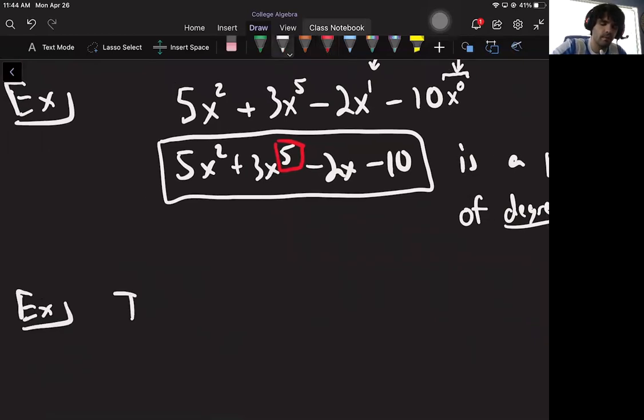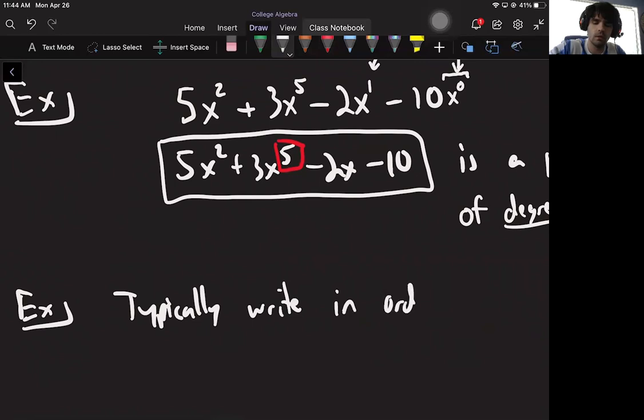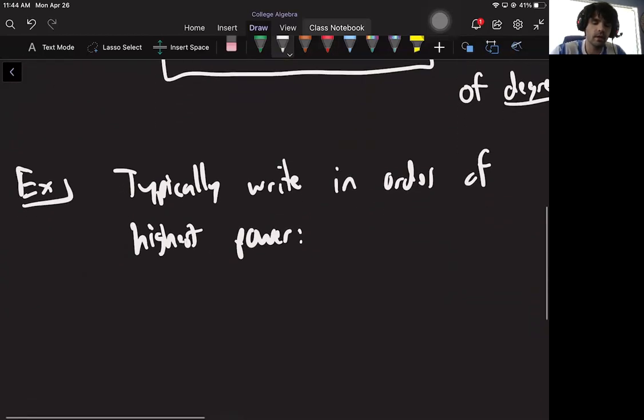So typically, we write them in order of highest power, just because it looks more aesthetically pleasing and keeps things organized better. So you would typically see something like this. If 6 is the biggest power, then you would write it first.